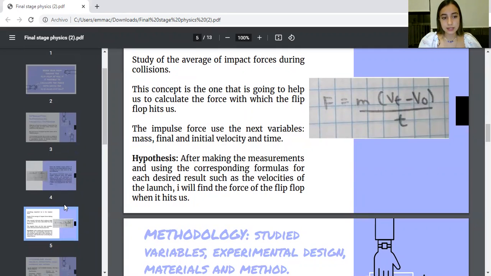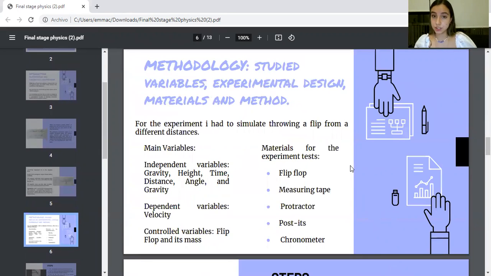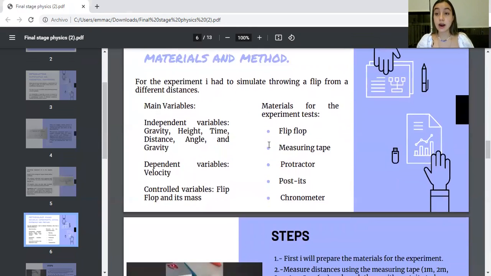So let's see the methodology. Studied variables, experimental design, materials, and method. For this experiment, I had to simulate throwing a flip-flop from different distances. So the main thing that we have here are the variables. We have three kinds of variables.